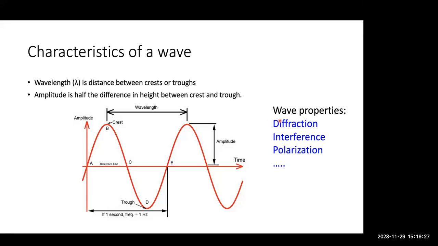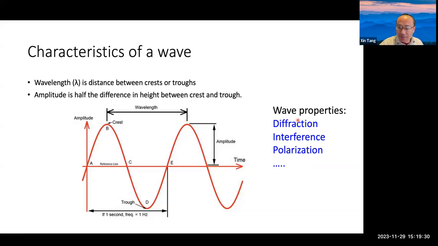Okay, good. For example, this diffraction: the reason in the first few slides, when we shrink the pinhole, we see the image become blurry, become dim, and become larger, is because the wave passes through a pinhole that has a diameter at a similar level to the wavelength.